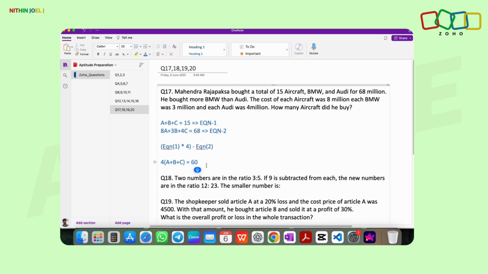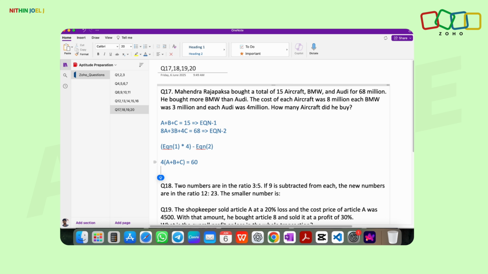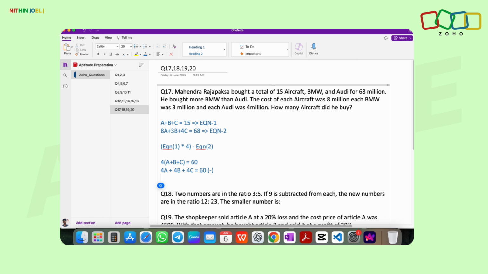Now let's subtract this from equation 2. Initially we had 4a plus 4b plus 4c, which is equal to 60, and we subtract it with 8a plus 3b plus 4c, which is equal to 68.